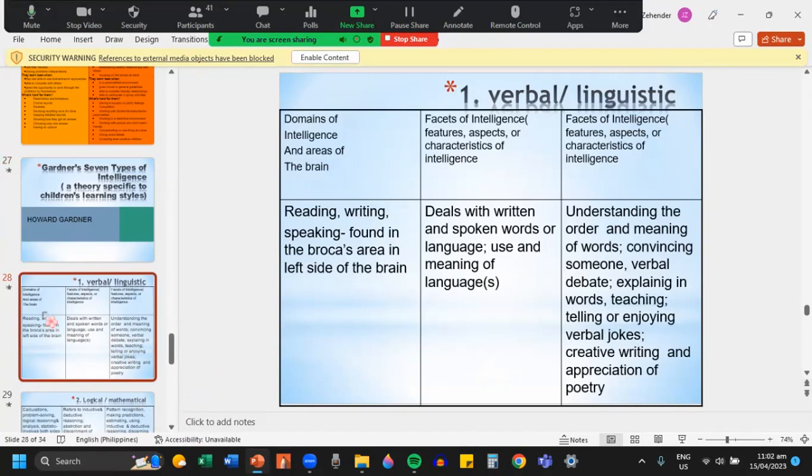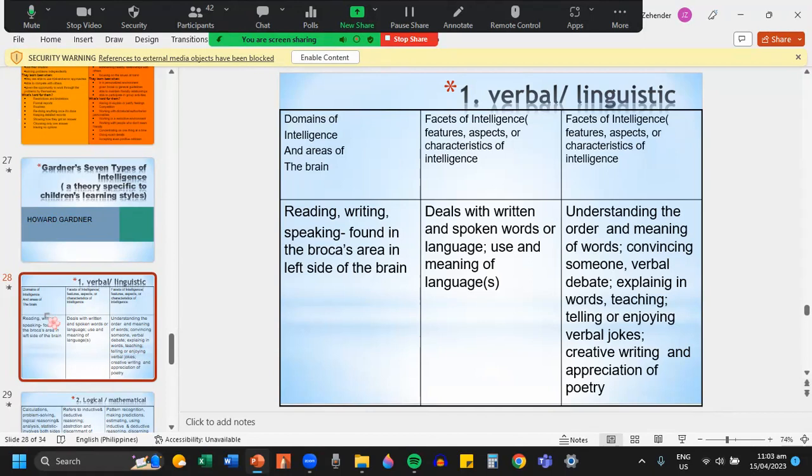Number one, we have those with one type of intelligence, or one type of learning style, which is the verbal or linguistic. They deal with spoken and written words, language, or the use and meaning of language.